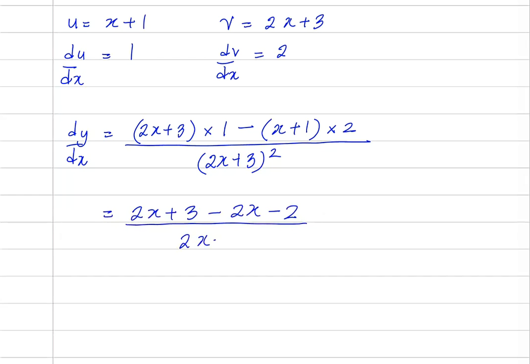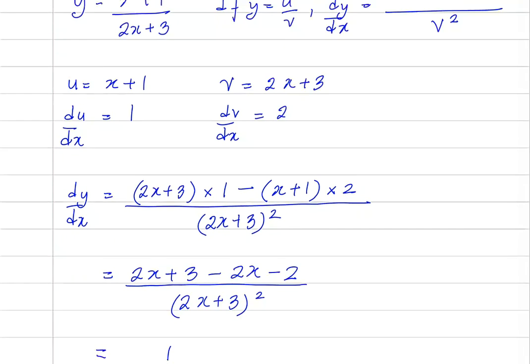And this is all over 2x plus 3 squared. At the top, 2x is gone, and 3 minus 2 is 1. We have 1 over 2x plus 3 squared.